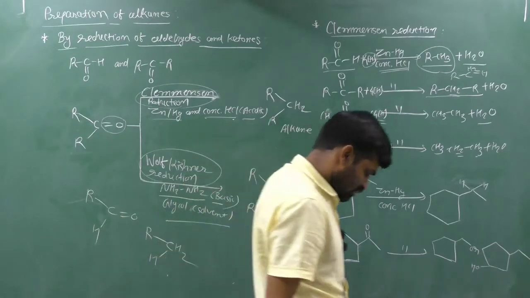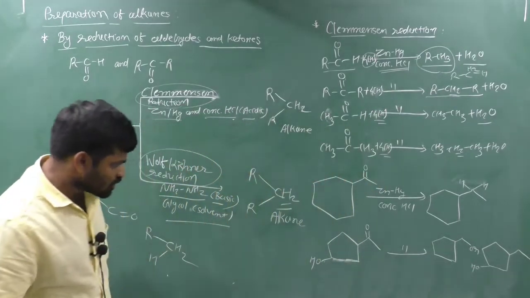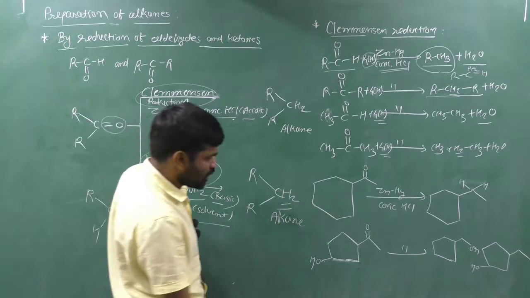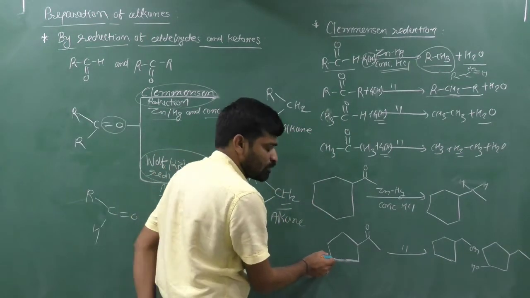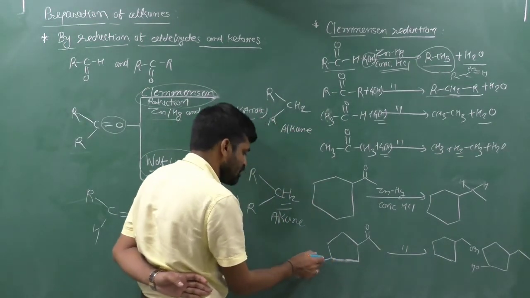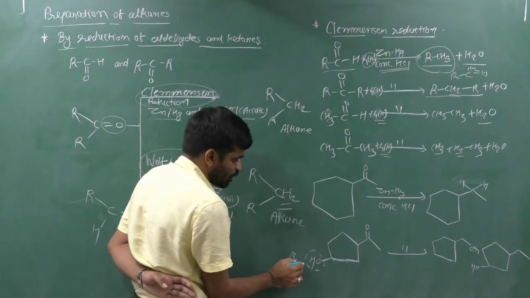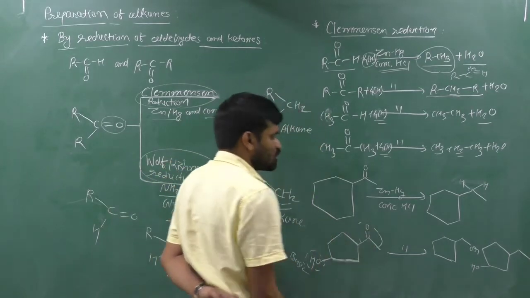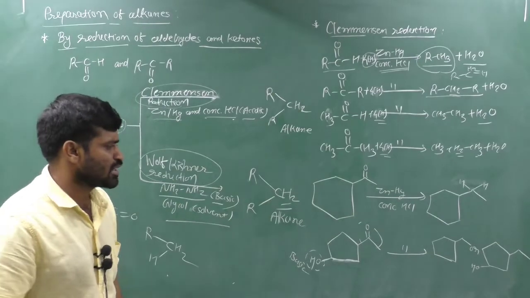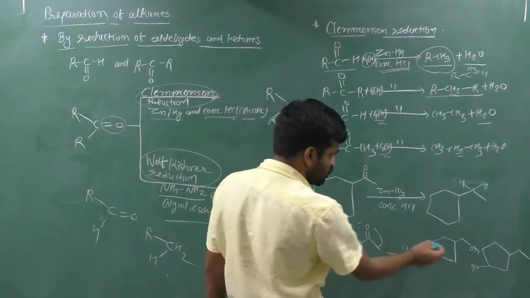Now the main question is: suppose we have a molecule like this, a 5-membered cyclic ring, here OH which is a basic group, yes or no, and here a ketone. There is no doubt that if we carry out the Clemmensen reduction, the ketone is reduced. The product of this is certain.